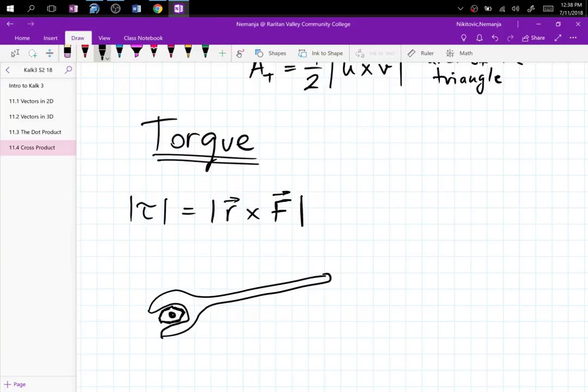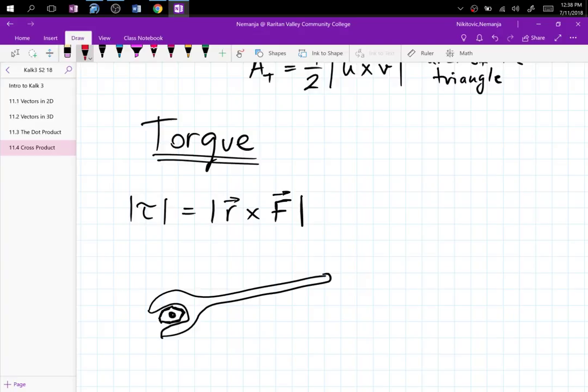Now, you will apply force here, perpendicular to the handle. Clearly, if you push this way, nothing is going to happen.